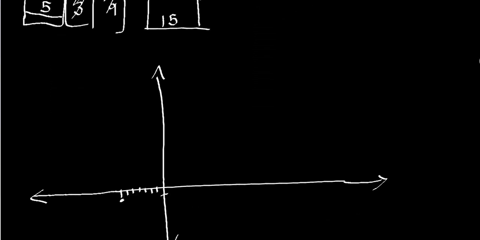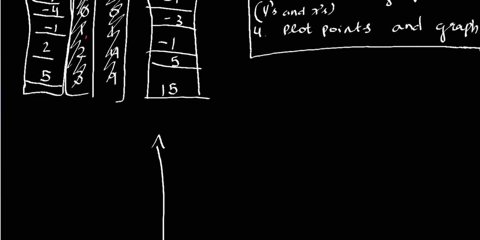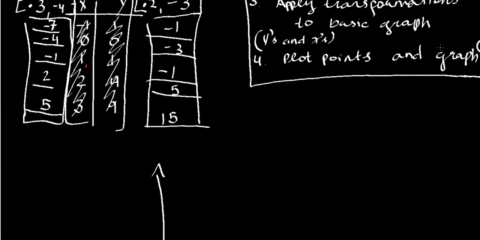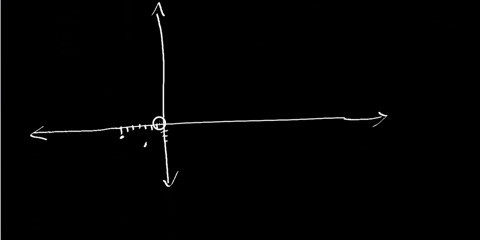Minus 4, minus 3, minus 1, 2, 3, 4, minus 1, 2, 3, minus 1, 2, 3. Look right. Minus 1, minus 1, minus 1, right? Yeah. Minus 1, minus 1.